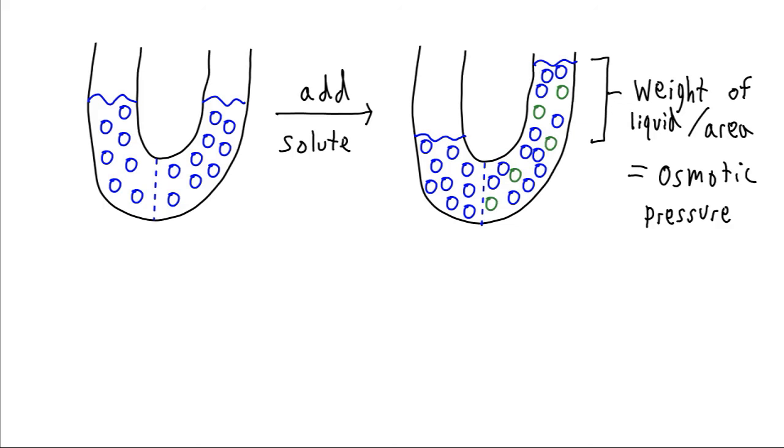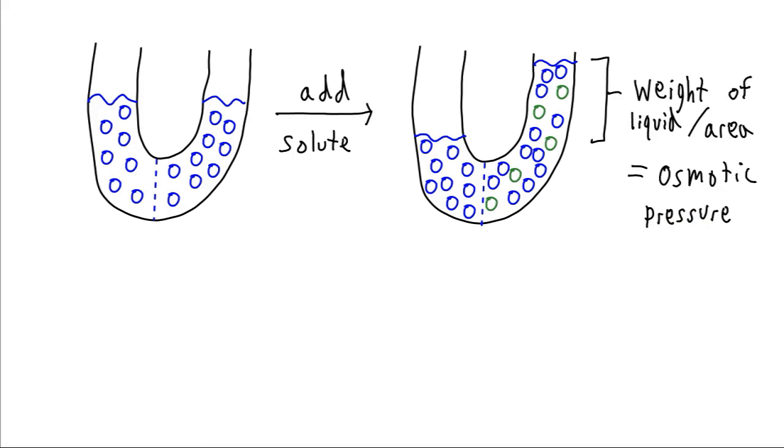But what happens during this process is that we start to increase in height over here, our solution. Gravity is going to be pushing back down. Eventually, we're going to have enough force from gravity to counteract the pressure of the molecules moving this direction. And so we'll come to an equilibrium, with one side a little bit more elevated than the other side. So if we were to take the weight of this side and divide it by the cross-sectional area of the tube, that would be the force per unit area. It would be the osmotic pressure of this tube.